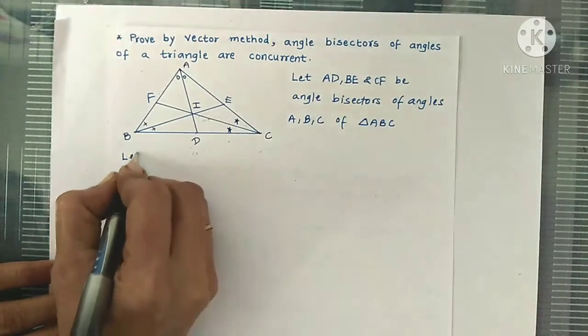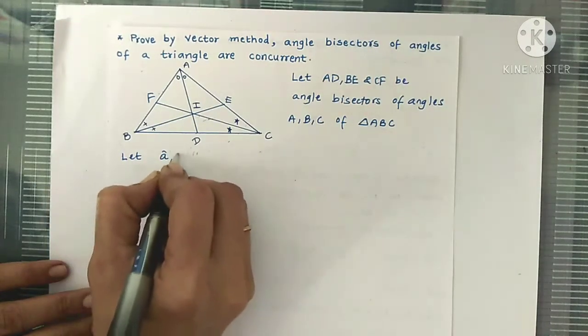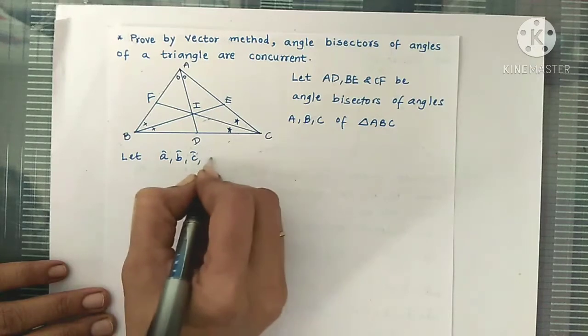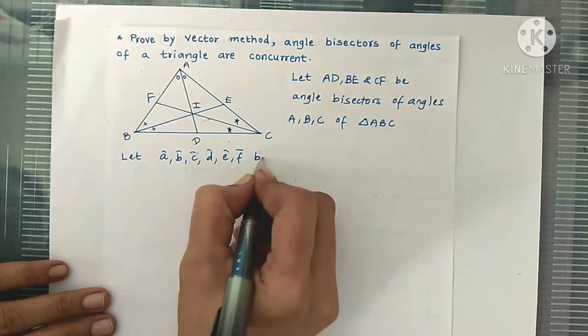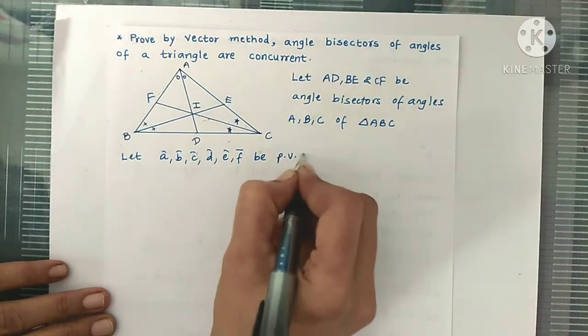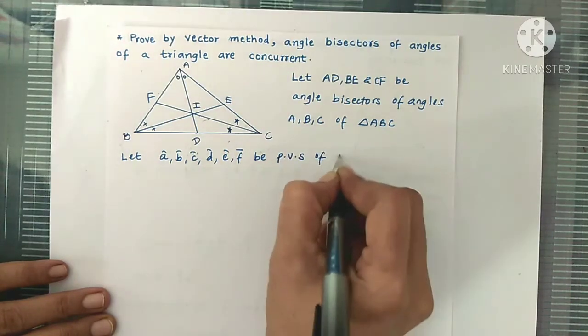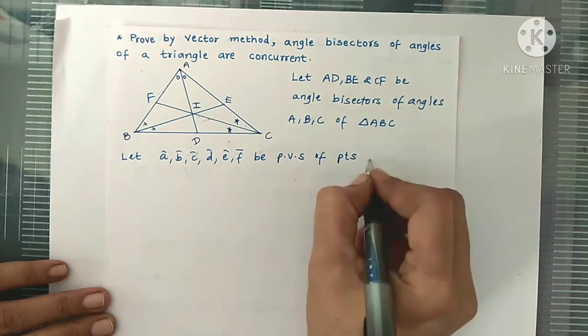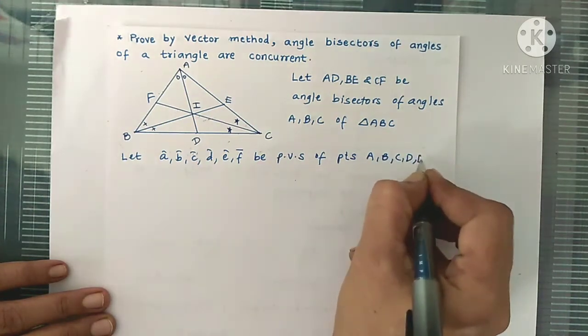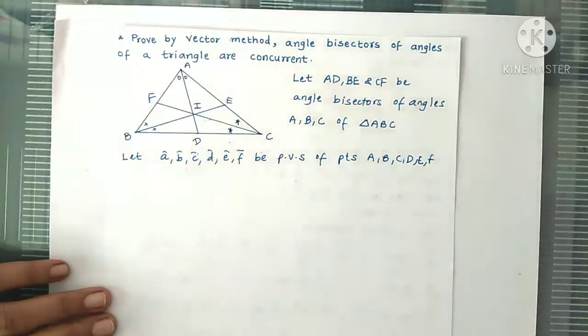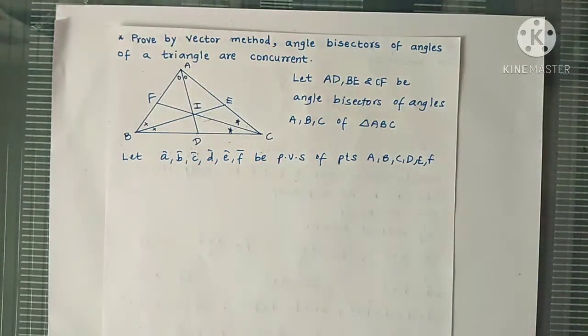Let A bar, B bar, C bar, D bar, E bar, F bar be the position vectors of points A, B, C, D, E, F respectively. Okay. Now first of all, let's find out D bar, E bar and F bar.